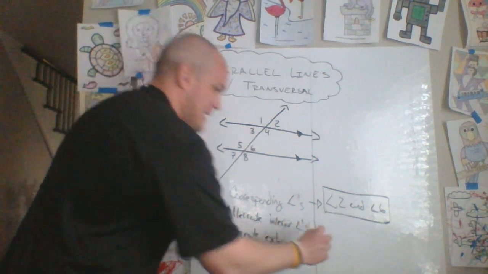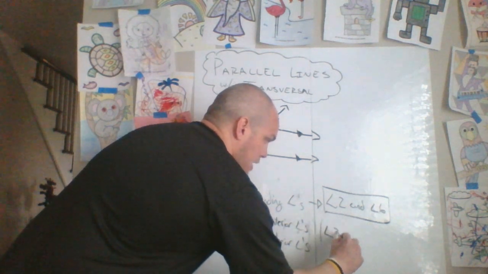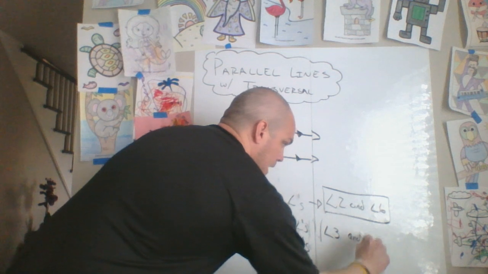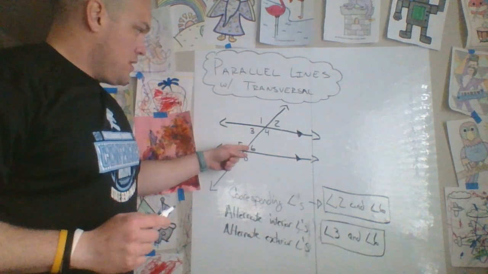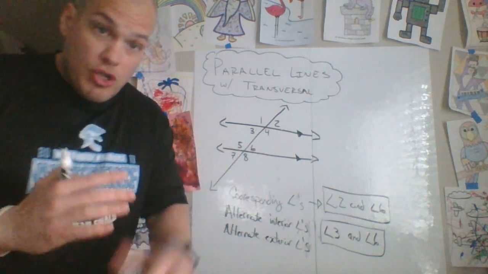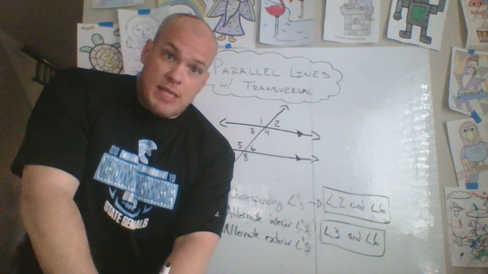So 3 and 6 are alternate interior angles. Now, angle 4 and angle 5 are also alternate interior angles. Okay, so we have 2 sets of those.